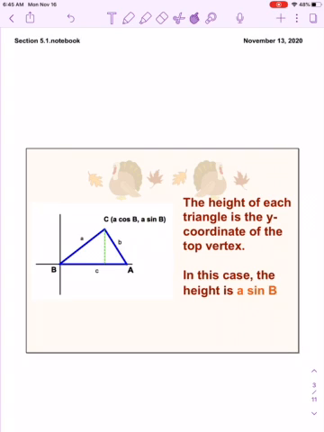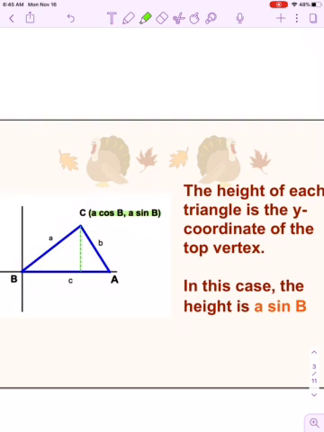So here's our triangle. Our point up at the top is (a cos B, a sin B). Those are our rectangular coordinates that we found last section. The height of the triangle is going to be the y value of that point. Okay, it's the sine of the angle. It's little a times the sine of your angle B, because sine is y, which is height.